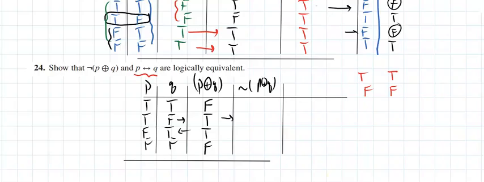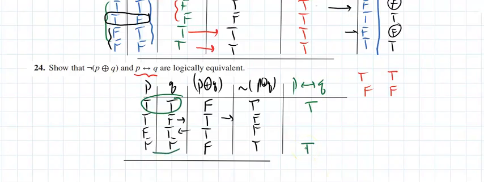The negation of this is true, false, false, true. And if you really think about it, that's really P if and only if Q. P if and only if Q is fine right there and fine right there, because those are the same, right? But if one of them varies, it doesn't match.